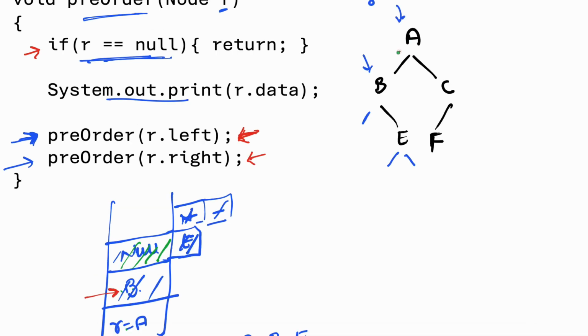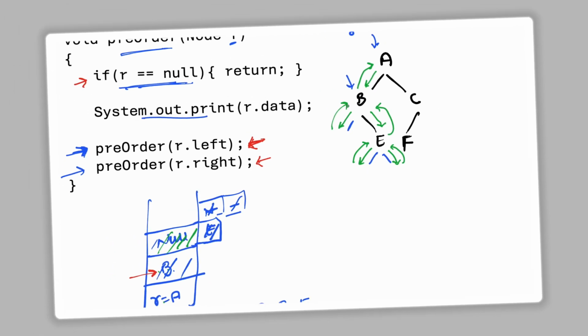So a calls b, b calls the left child of b, then this returns, then b calls for the right child of b, which is e, then e calls for its left child, this returns, then e calls for its right child, this returns, then finally e returns. Now because everything at b is done, b will also return.